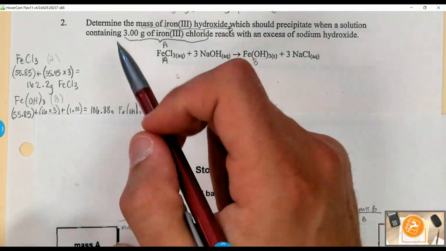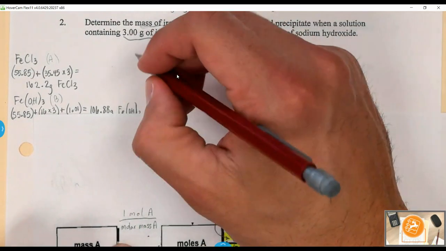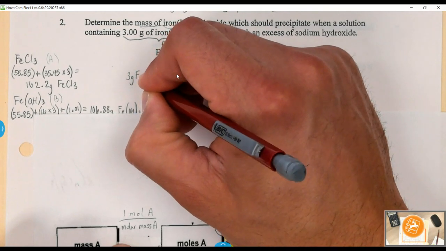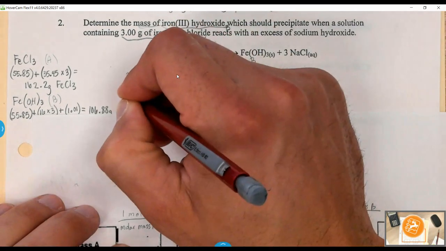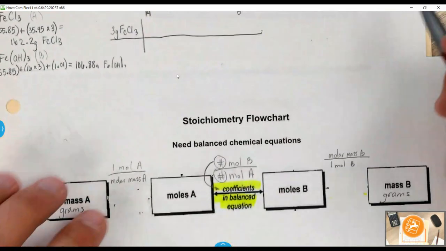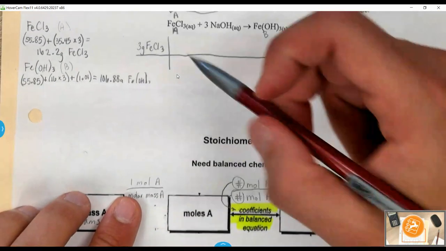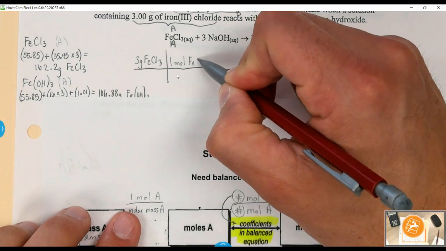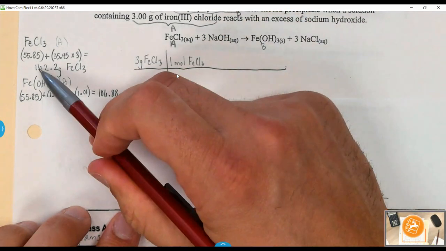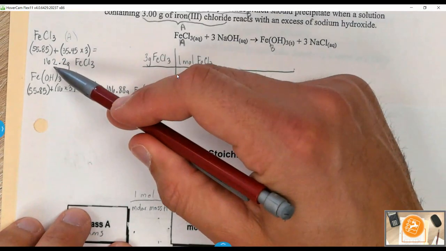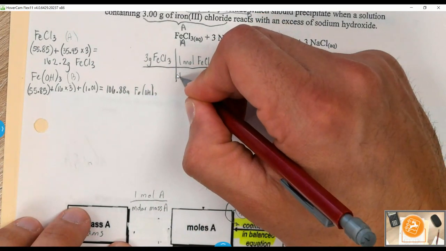First thing I'm going to do is take what I was given, that 3 grams, and put it into the starting spot. 3 g of FeCl3. First conversion, 1 mole of that substance A. So in 1 mole of iron 3 chloride, we have the molar mass of that, which is our 162.2.